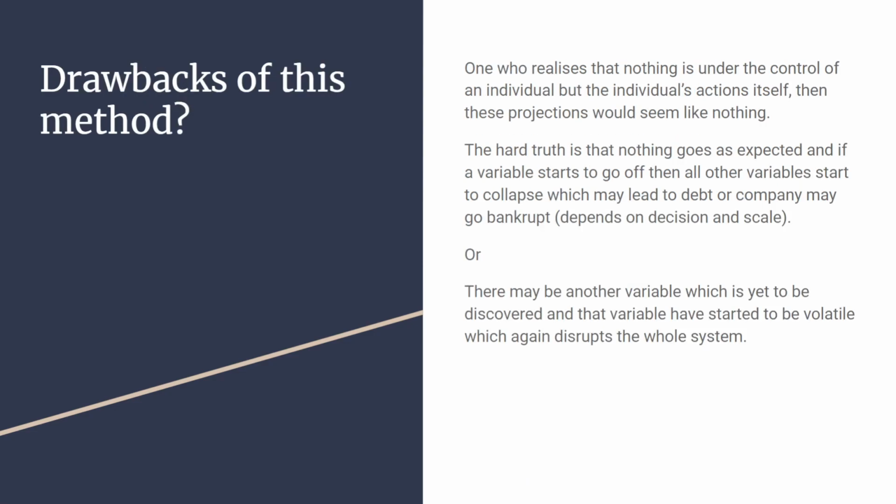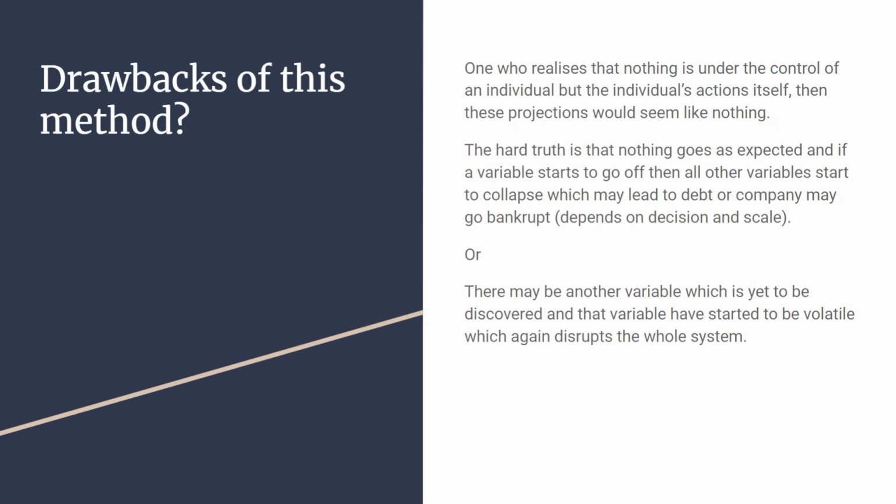So what are the drawbacks of this method? Basically there is nothing static. It's just the belief that they would be static at any given point of time. So if those static variables start to be volatile, it would lead to something different than what was anticipated or expected before.